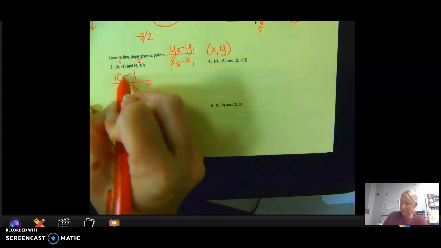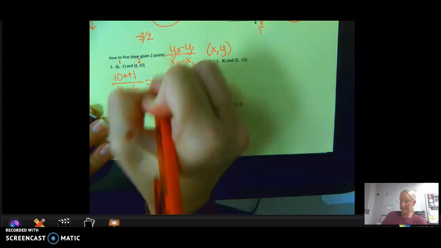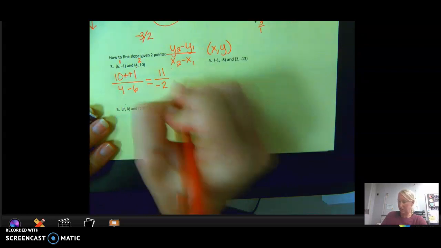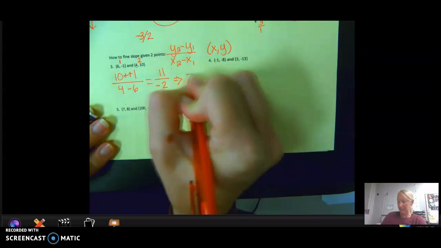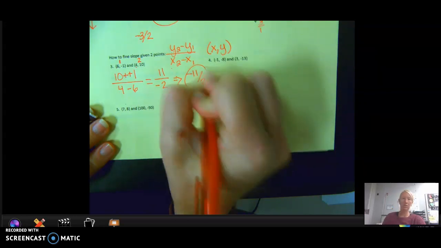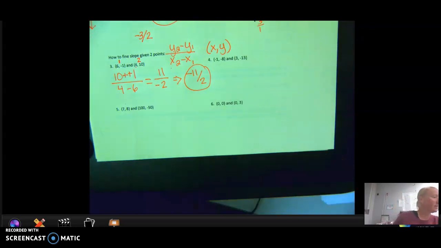Two negatives make a positive, so I'm going to change both those to positive. 10 plus 1 is 11. 4 minus 6 is negative 2. Again, remember we typed that into the Chromebook or into Schoology as negative 11 over 2. Circle my answer. All right, let's do the next one.